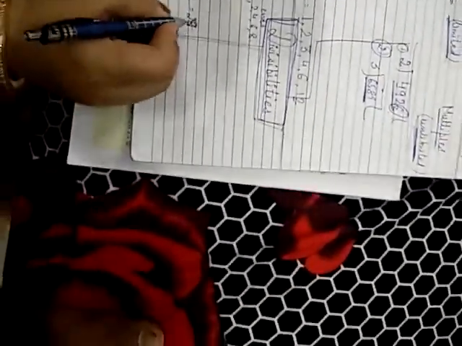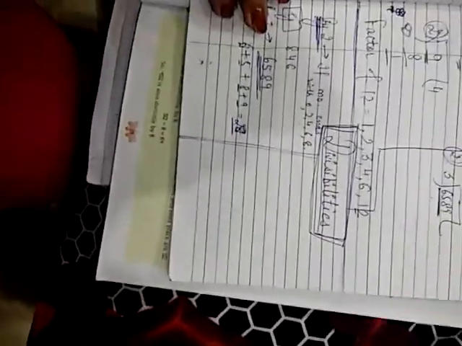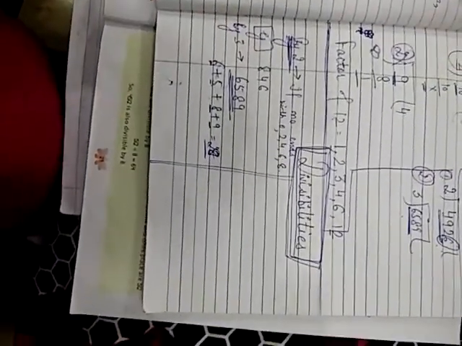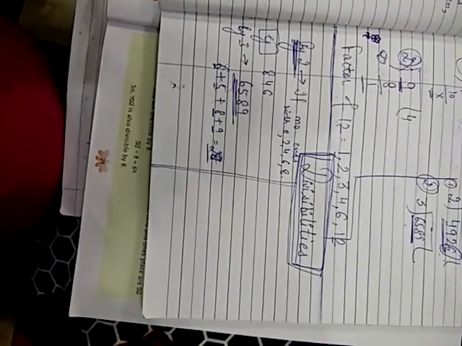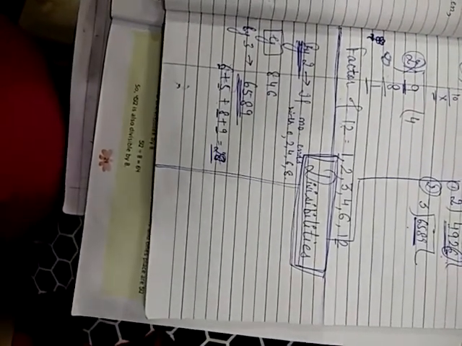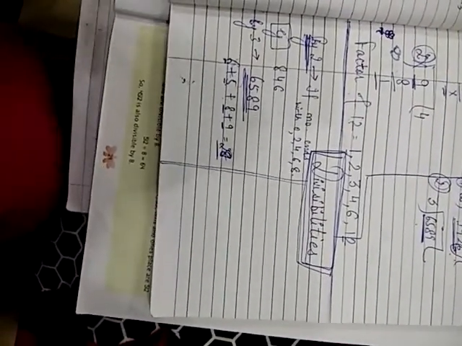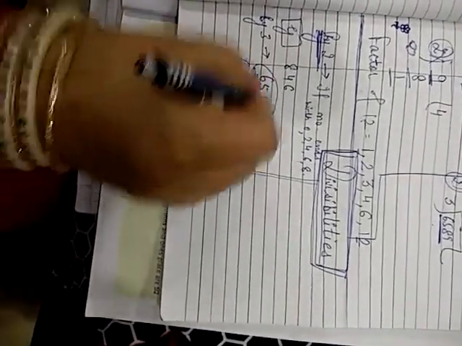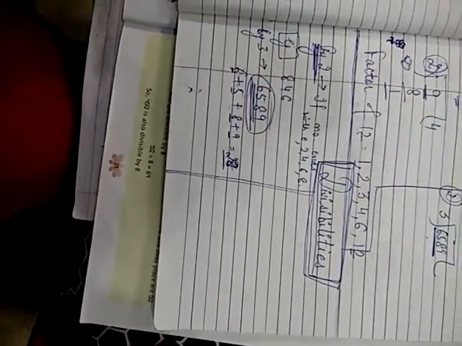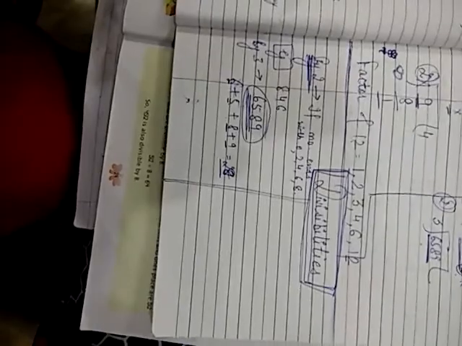Now, sorry, 28. So now tell me, is 28 divisible by 3 or not? No, 28 is not divisible by 3. So this means the complete number is not divisible by 3. I am repeating divisibility of 3.